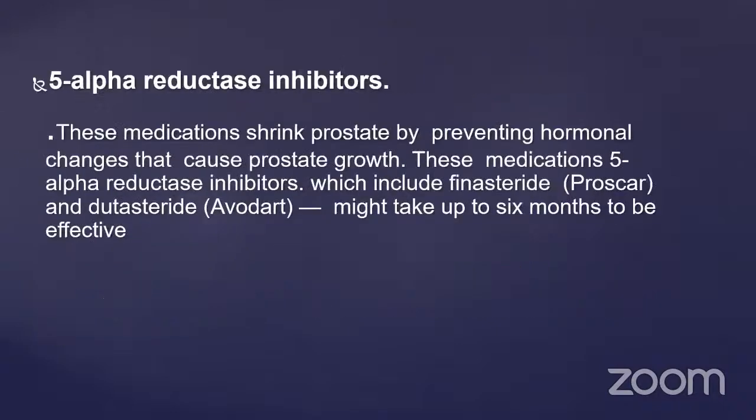The other type of drugs we use are 5-alpha reductase inhibitors. These medications shrink the prostate by preventing hormonal changes that cause prostate growth. These include finasteride and dutasteride. It may take 6 months or more to show the effect of these drugs.